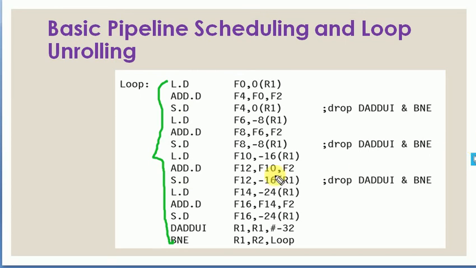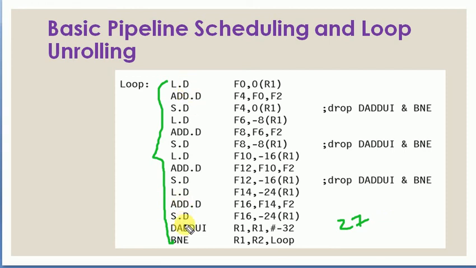So totally 27 clock cycles will be taken for the completion of this entire loop, for a single loop. So now for the single loop we require 27 clock cycles. Now that is to be done.